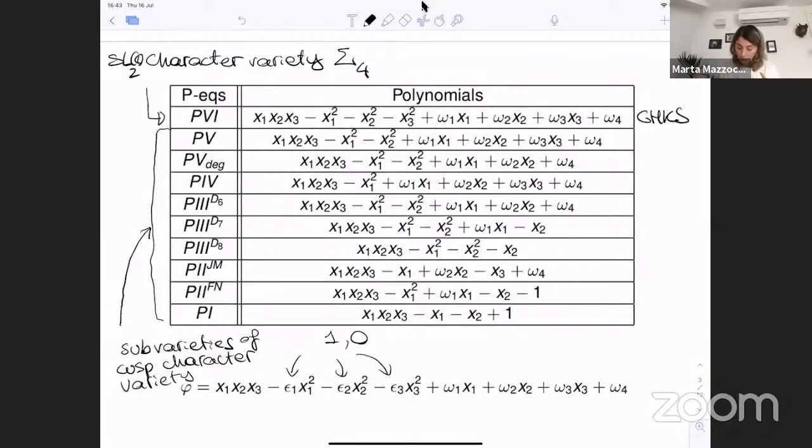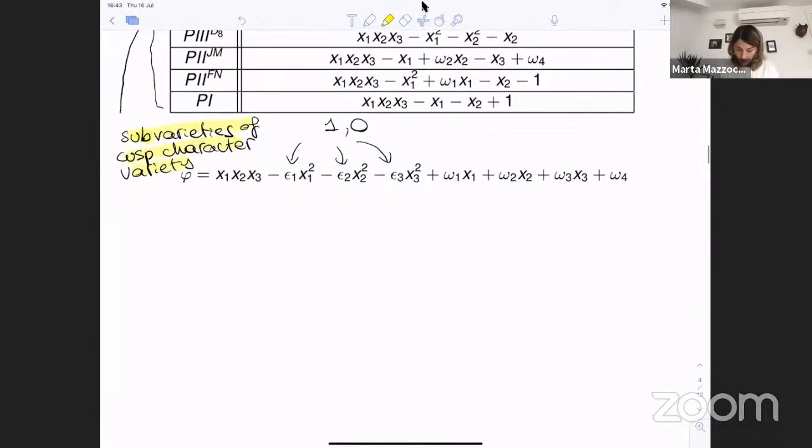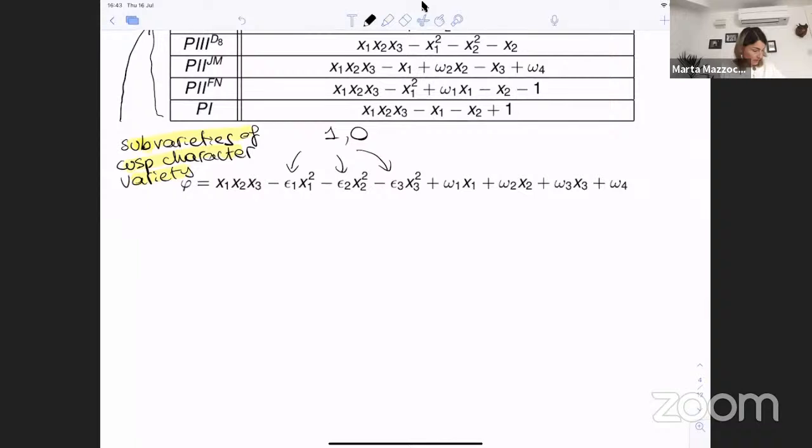So let me just give you one example before I move on to this quantization. I want to discuss a little bit this example and explain what it means that it's a subvariety of an object which is called cusp character variety.